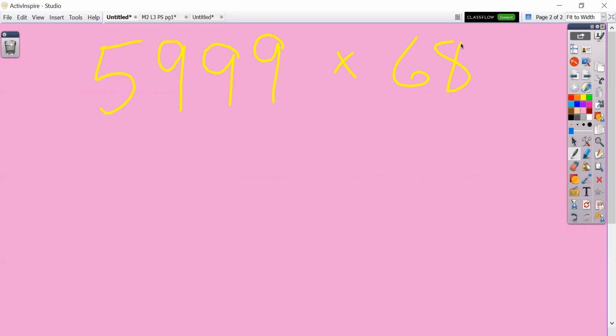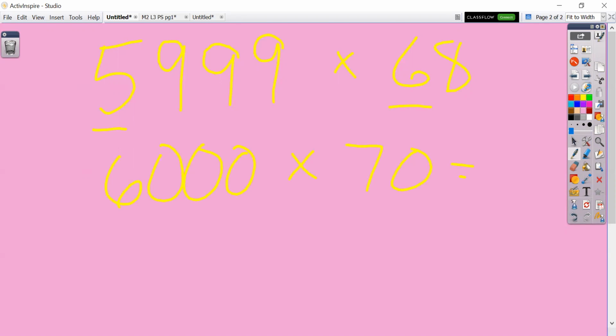Okay, so let's go ahead and round and estimate this product. Well, remember, we always are rounding when we estimate to the largest place value. So we're going to round up with this first number, and we're actually rounding up with the second factor.